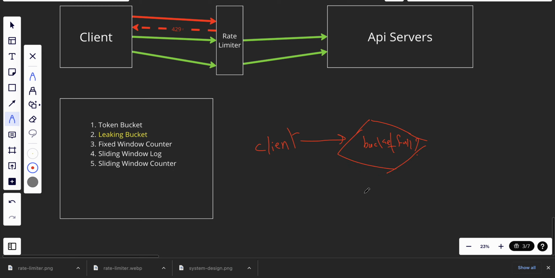If the bucket is full, we drop the request. If the bucket is not full, we put it into the queue.